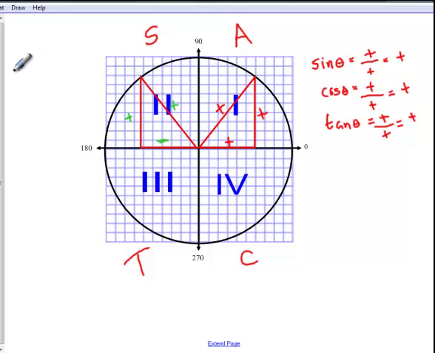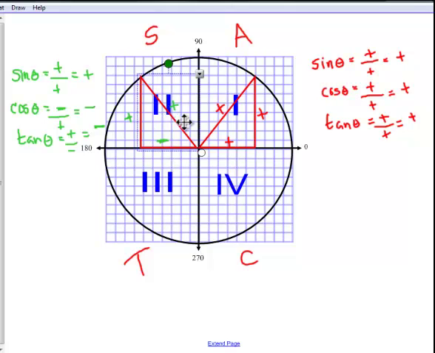So if we did this again, the sine is opposite over hypotenuse, which is positive. The cosine is the adjacent side, which is negative, over the hypotenuse, so that gives me a negative answer. And the tangent is the positive over a negative, opposite over adjacent, which gives me a negative.